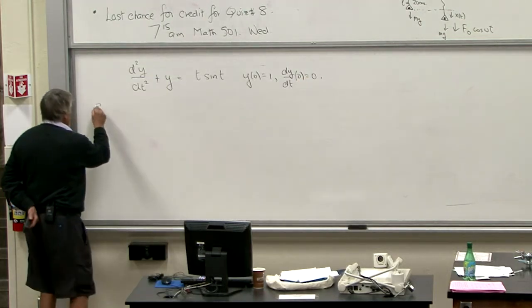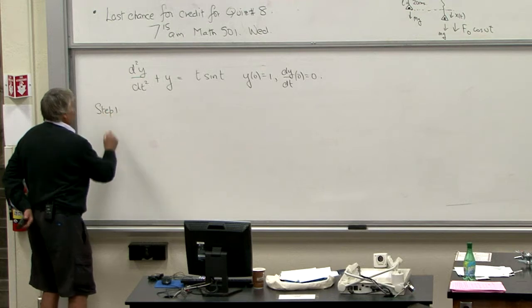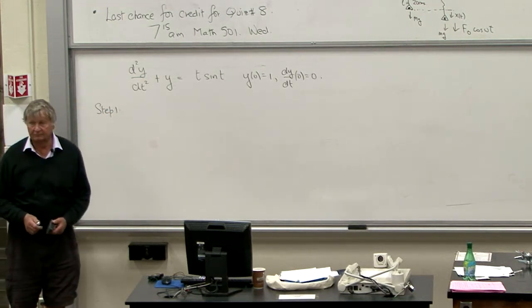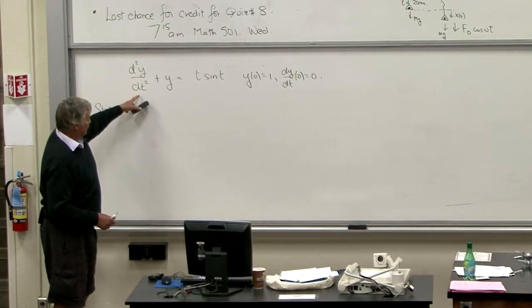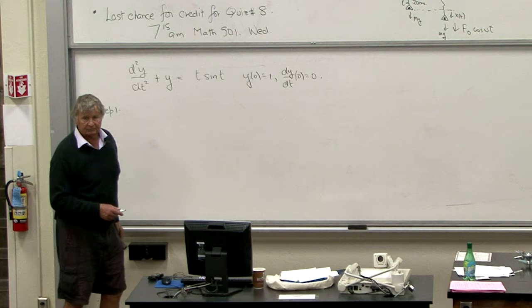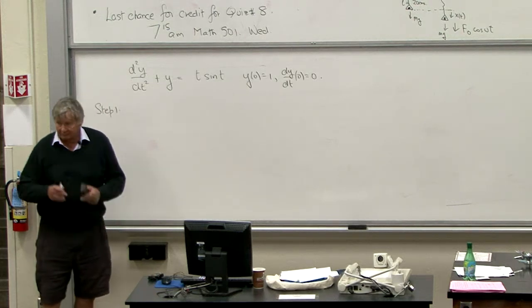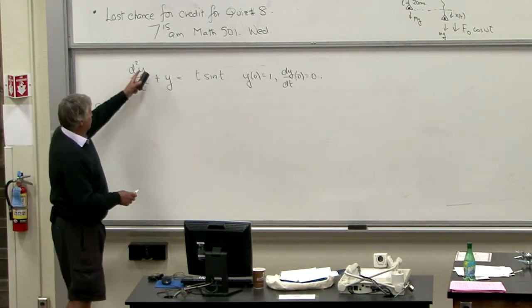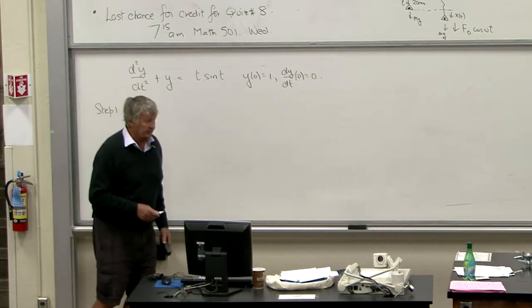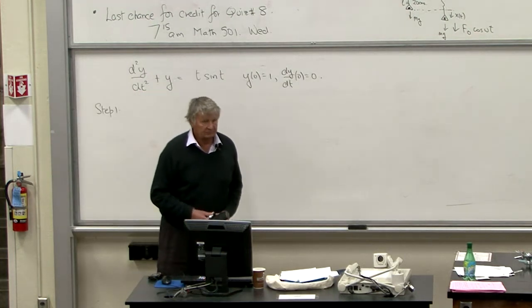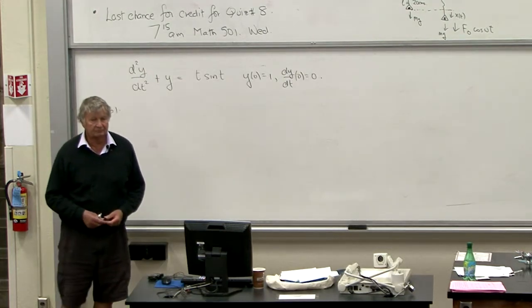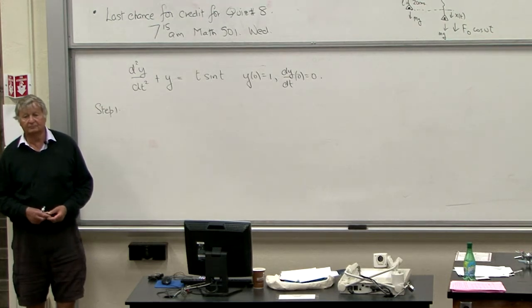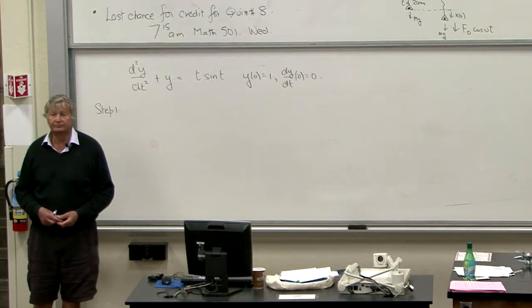Okay, step 1. What is step 1? We identify the solutions of the homogeneous equation. This equals 0. All right? I want you to find the solutions of d2y by dt squared plus y equals 0. Okay, any answers?